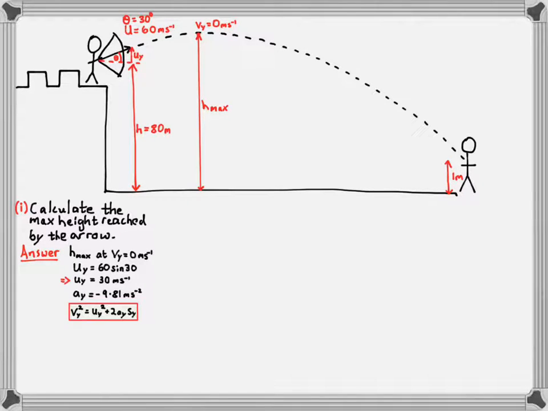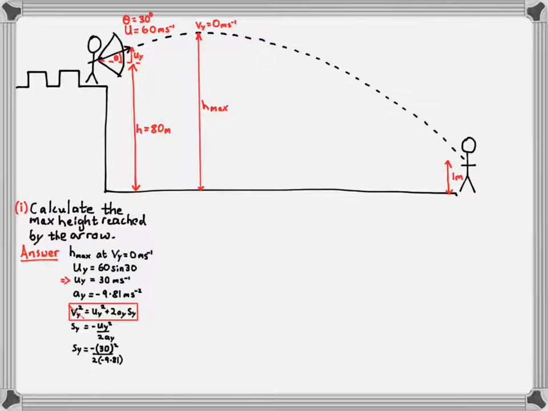So I can use the equation v squared is equal to u squared plus 2as, with all these components acting in the y direction. Well, v in the y direction is just 0, the final velocity, so I can get rid of that. And I can rearrange my equation to get it in terms of the displacement. Sy is equal to minus uy squared over 2ay.